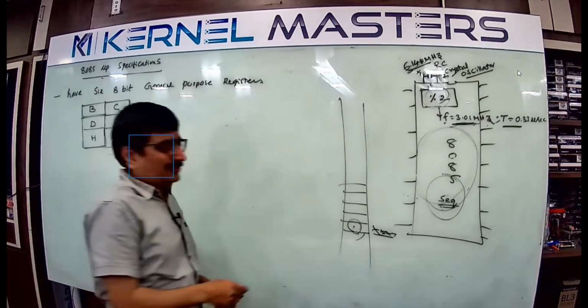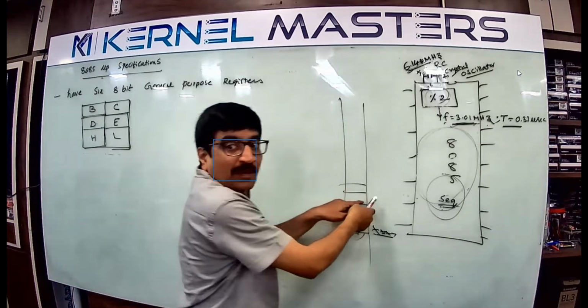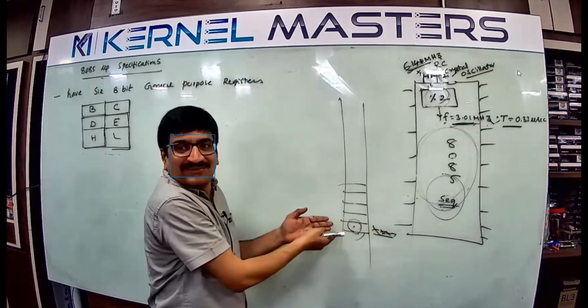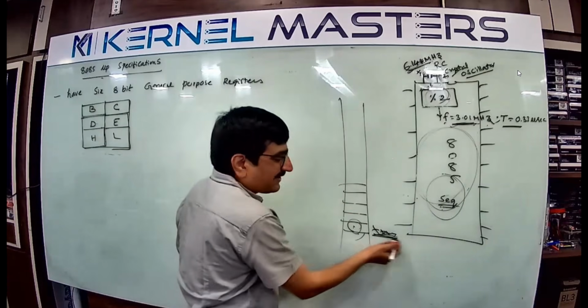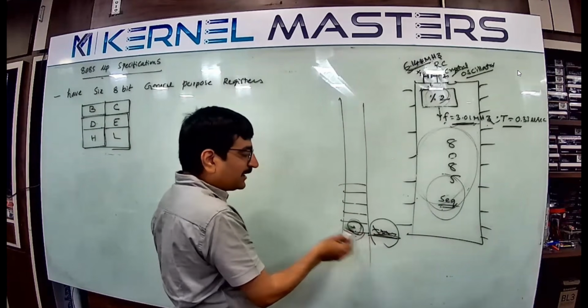If we are going to read the content of memory, first you should know the address. The address is different; what is inside the address may be data.